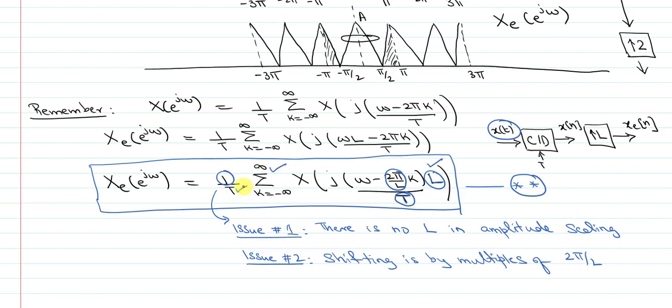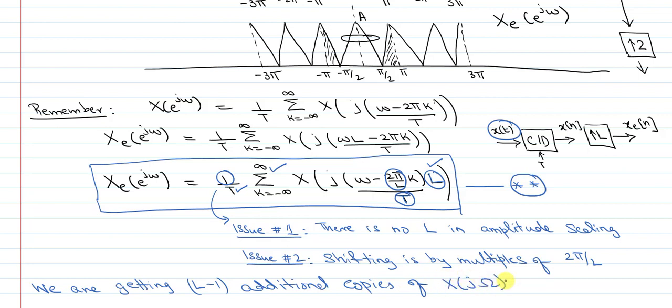The only 2 issues we have is that there is no L in amplitude scaling, and shift is by multiples of 2π/L, which means that due to issue number 2, we are getting L minus 1 additional copies of X(jω).